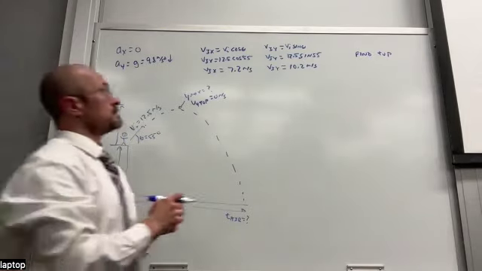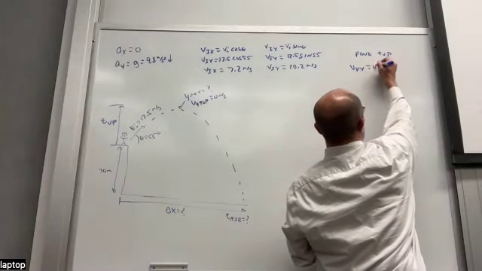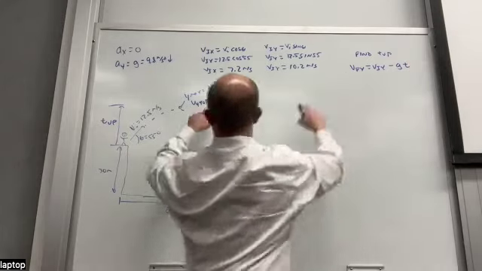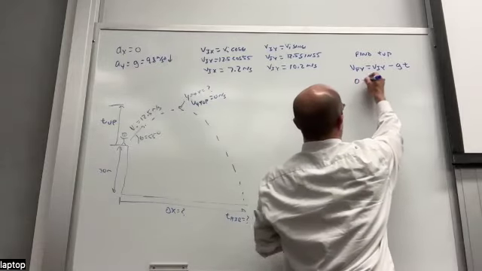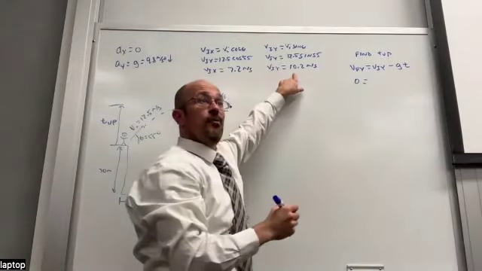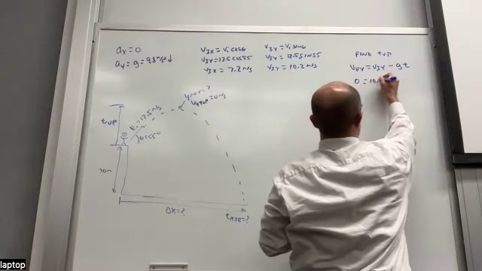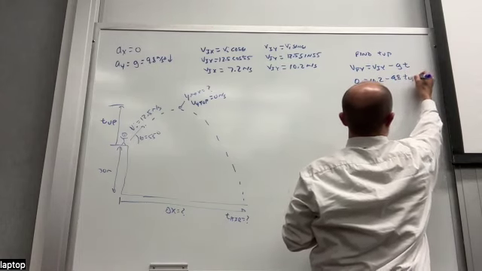We'll find that first. So we remember that v final y is v initial y minus g t, where v final y is y at the top. So this is 0. Our v initial y is the 10.2, the y piece of our velocity. 0 equals 10.2 minus 9.8 t up.